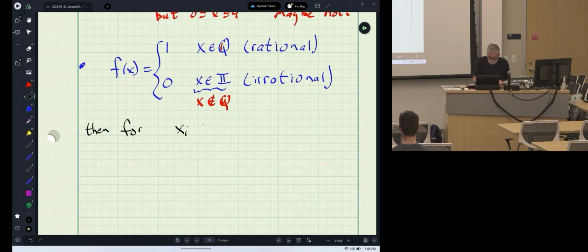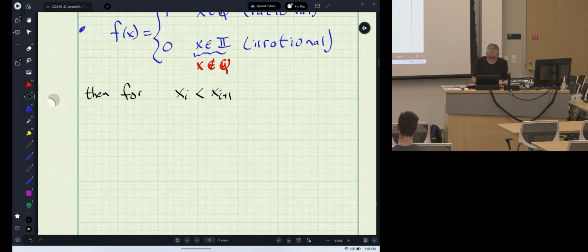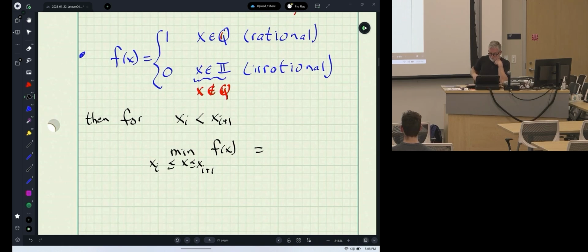Let's suppose we've broken up our interval and xi is strictly less than xi plus 1. What is the minimum value of this crazy function? Okay, so the function is 0 on the irrationals and it's 1 on the rationals.